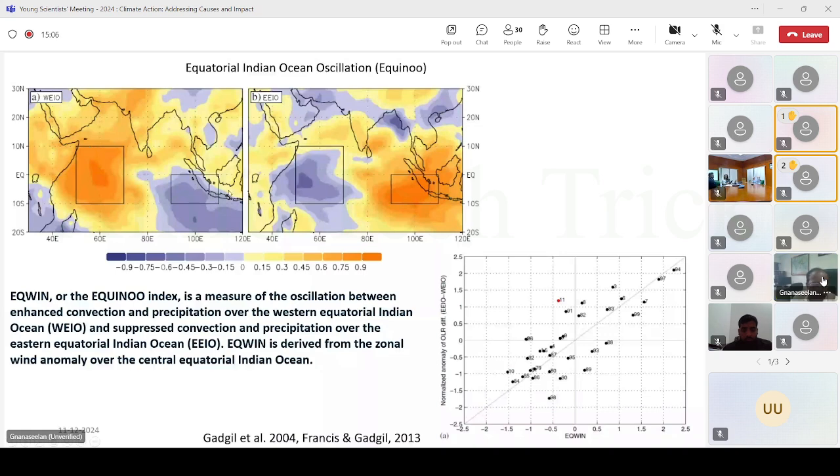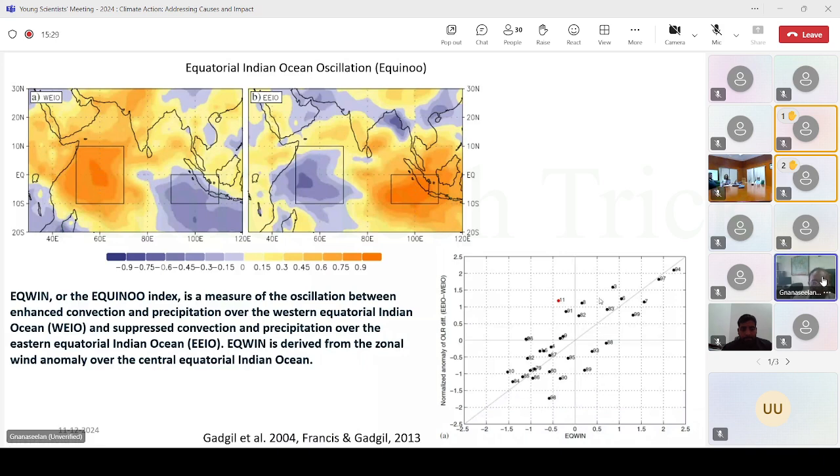So that explains very clearly the equatorial winds. You can see here in the scatter diagram, the bottom one is the equatorial winds, and this is the OLR based index. You can see they correspond very well.